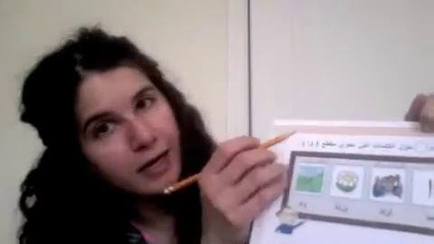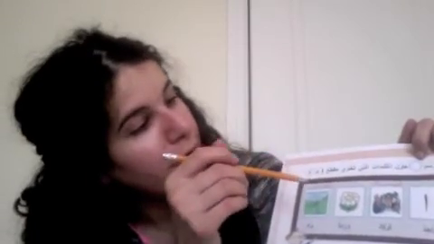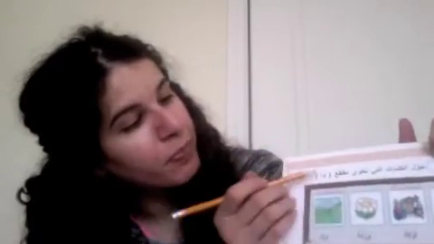Alright, this time we need to draw a circle around the words that have the waw and the alif. Waw and alif together, what do you think that's going to sound like? It's going to be like W and AA.